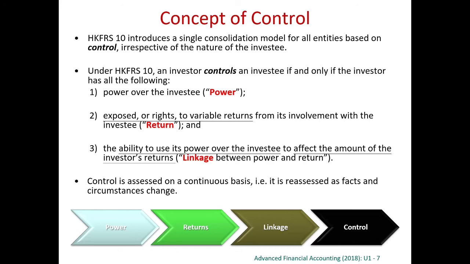That means the return. The most important thing is item 3: the investor can use its power over the investee to affect the amount of the investor's return. There's a linkage between the power and the return. So he can use the power to improve the return.